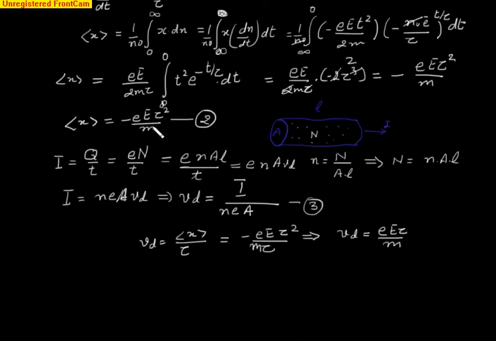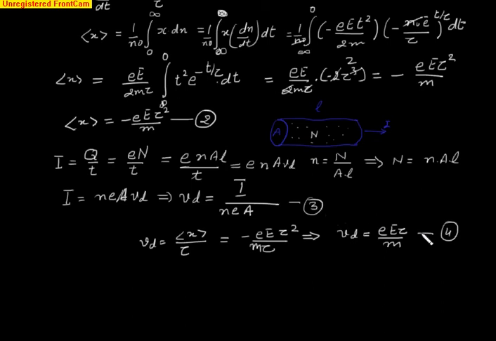This is drift velocity; let us say this is equation number 4. I have omitted the negative sign because it simply tells me that the drift velocity is opposite to the direction of the electric field, so it is not contributing to the magnitude. Therefore the magnitude of drift velocity is this.